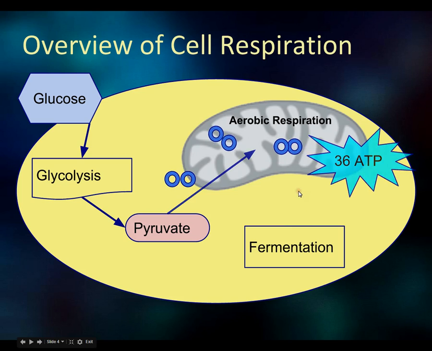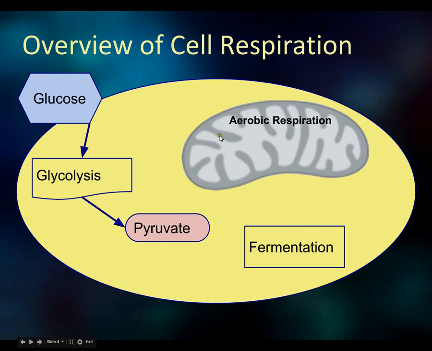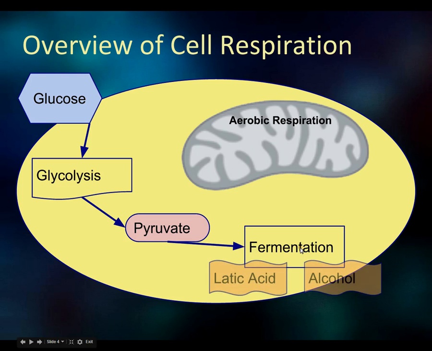So let's say that these things are not available. Let's say there's no mitochondria either, such as a prokaryotic cell like a bacteria. They do not have mitochondria, so they still have to do something with this pyruvate that quickly turns into pyruvic acid. And what they do is a process called fermentation. So fermentation, you've probably heard this word, and that's because there are two types of fermentation. There's lactic acid fermentation, and then there's alcohol fermentation. And alcohol fermentation is probably the one that you're familiar with.